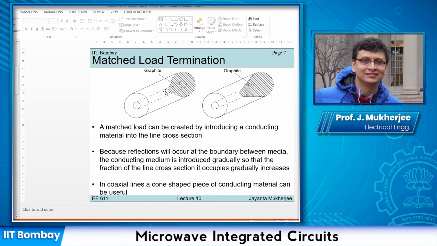Here it's not 0 but some finite value like 50 ohm or 100 ohm. So what is done is the end portion of this inner conductor is made with some high resistance material to introduce some finite resistance like 50 or 100 ohms, and then the remaining part is shorted.